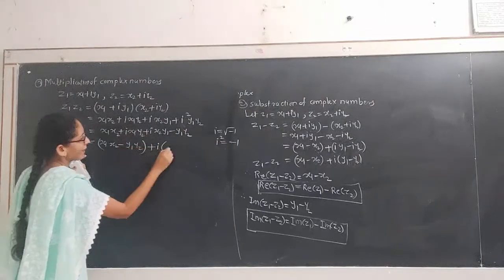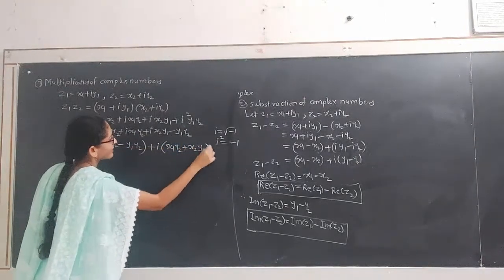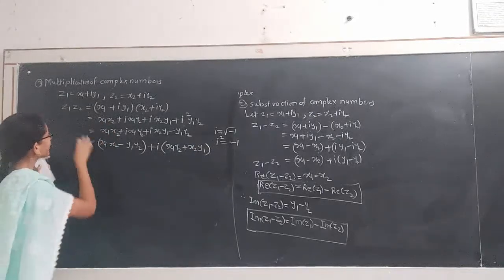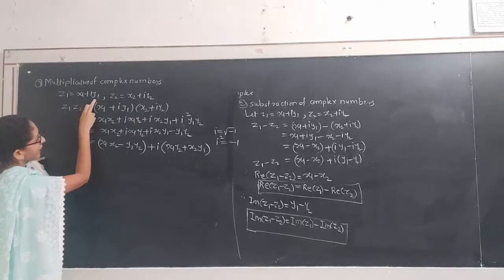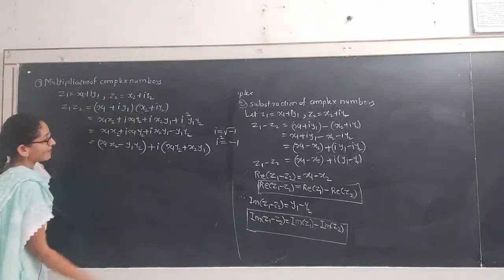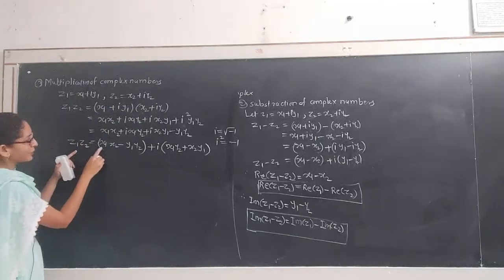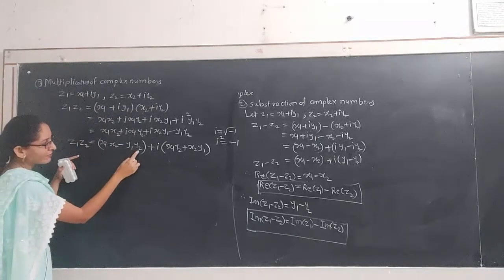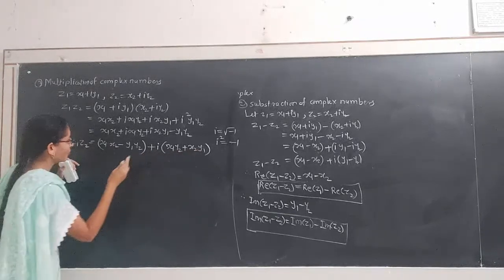Inside the bracket, x1 y2 plus x2 y1 is there. This is the multiplication of two complex numbers. z1 is x1 plus i y1, z2 is x2 plus i y2. Then z1 z2 is equal to x1 x2 minus y1 y2 plus i into x1 y2 plus x2 y1.